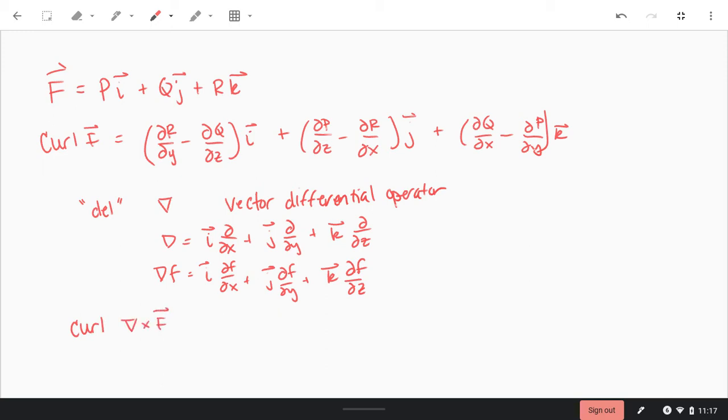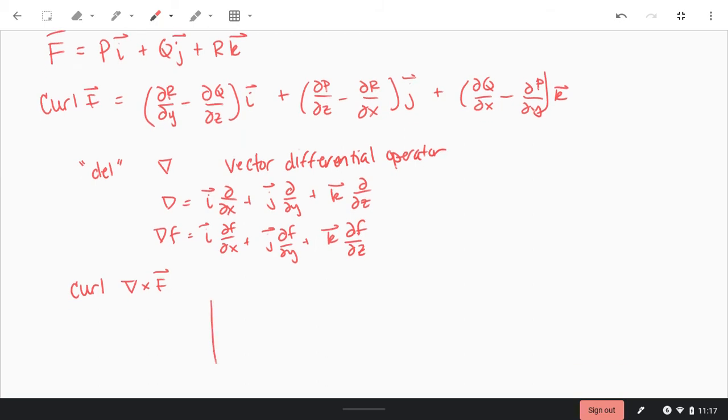So we do our cross product. We have the i, j, k going across the top, and then d/dx, d/dy, d/dz. So far not too hard to remember. And then P, Q, R. So everything's in order, and then we do this just like we would a cross product.